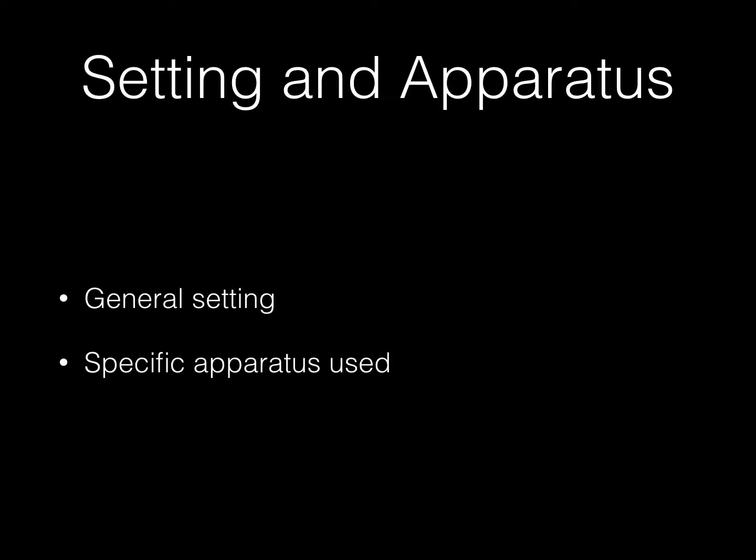So the next section is setting and apparatus. So here you'll describe the general setting of where your research will take place. In a controlled experiment, you have to be very specific and mention things such as the square footage of the room.